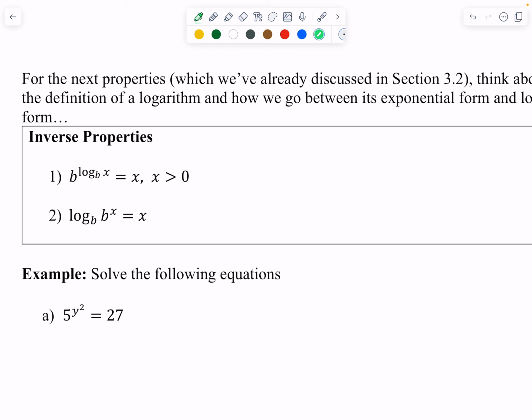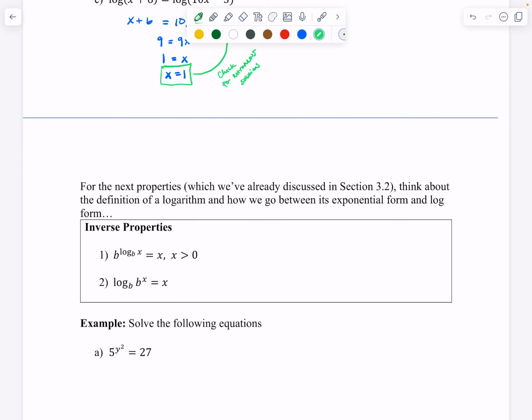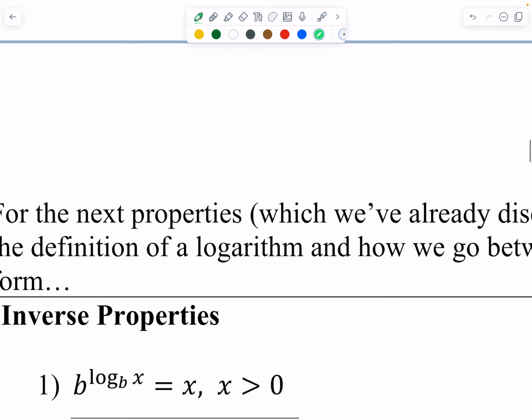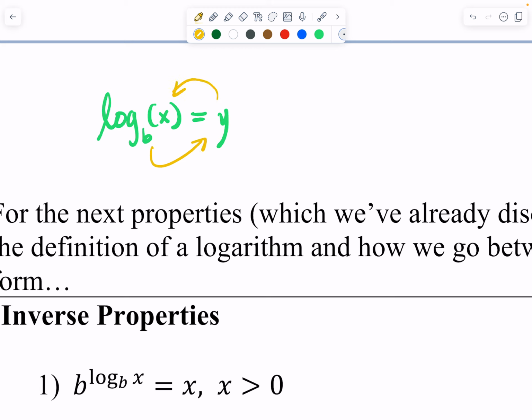We might be thinking about applying these inverse properties of logarithms that we talked about in the previous section, or we might be thinking about the definition of a logarithm, right? That log base b of x is equal to y. That would be thinking about this statement in log form, and b to the y power is equal to x.